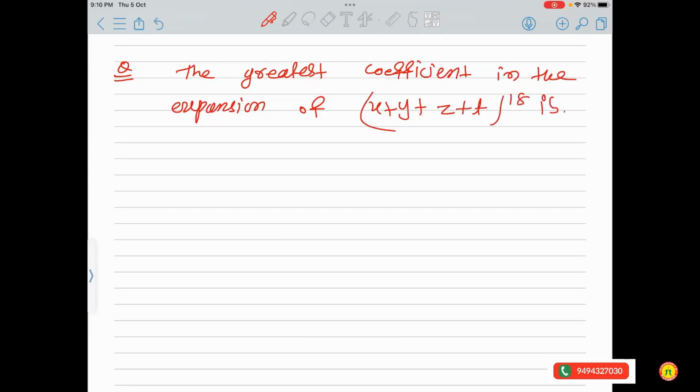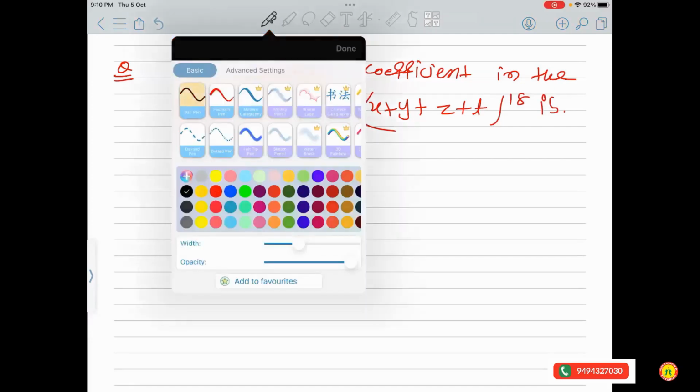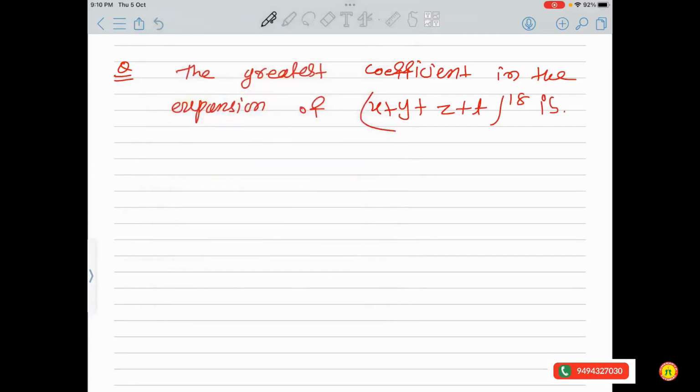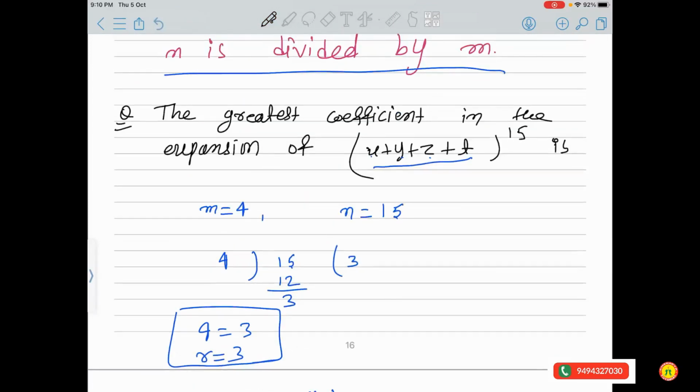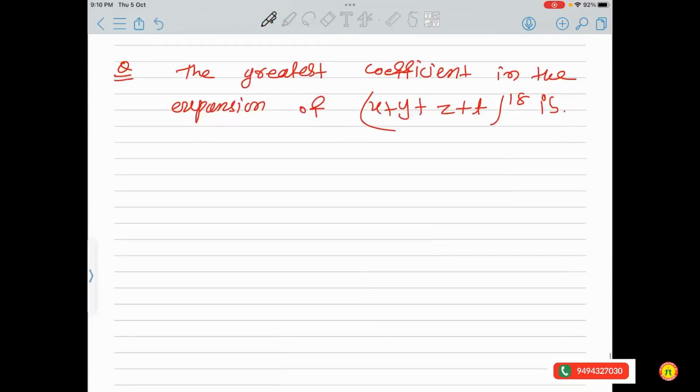Can you answer, Aditi? Here m is equal to what? I am asking the m value. x plus y plus z plus t, 4 different terms. Here also it is 4. The m is equal to 4.